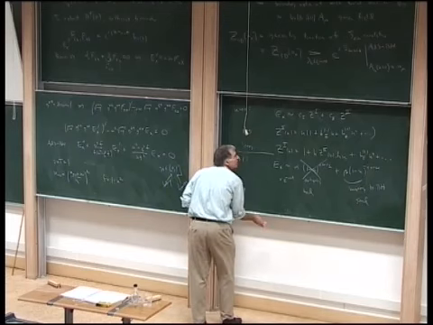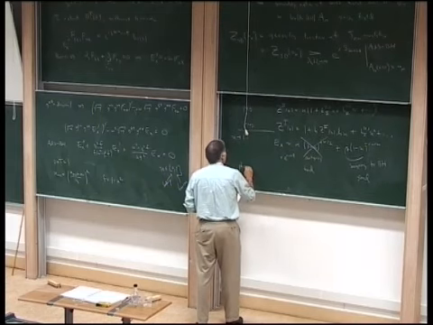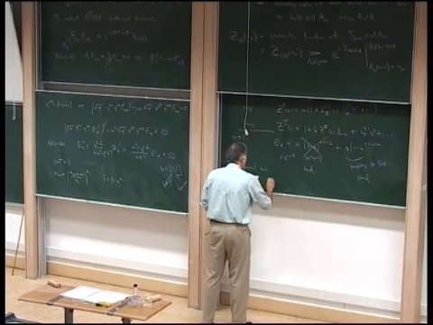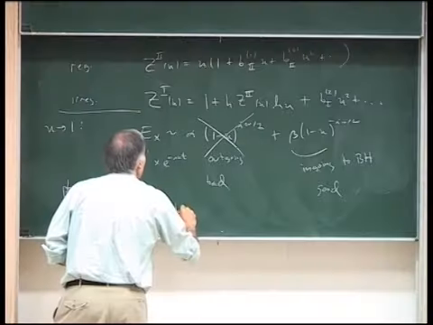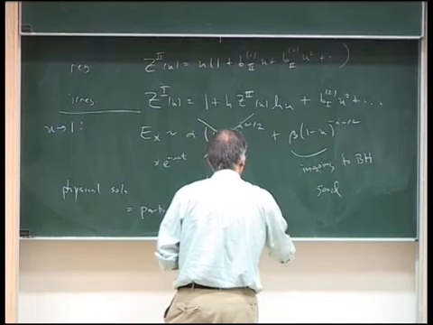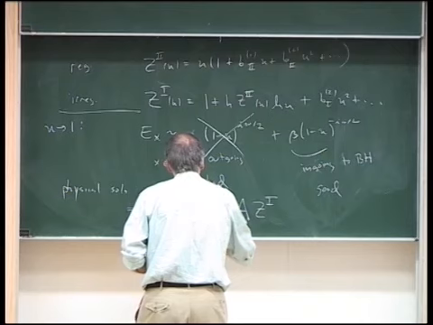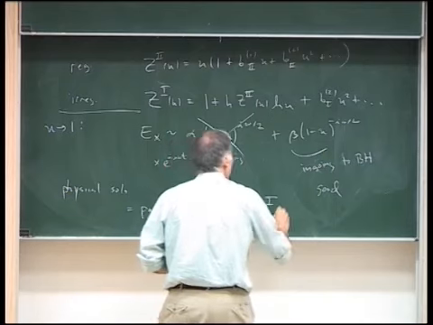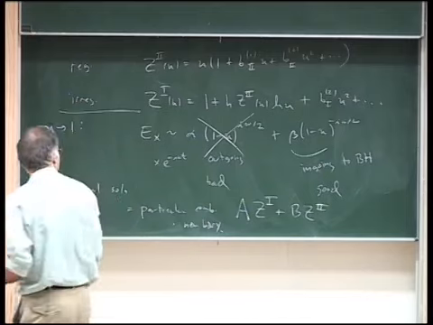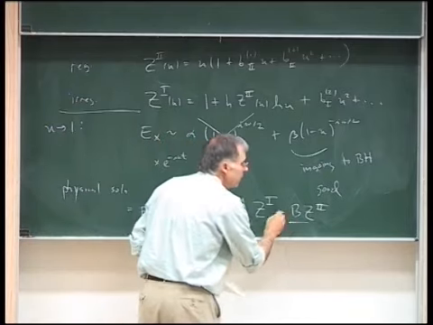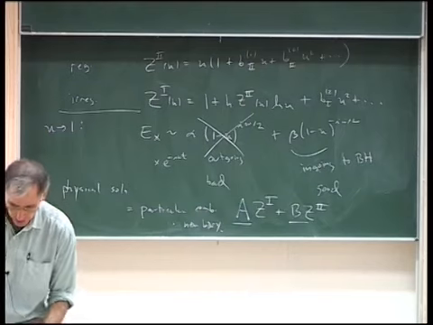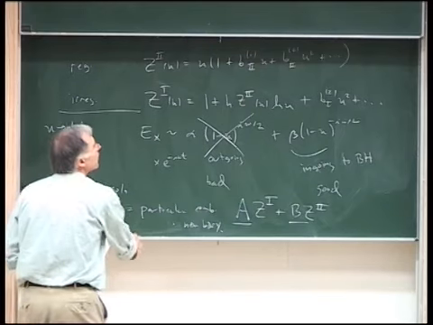So the physical solution we want is going to be a particular combination, which near the boundary I'm going to write as A of Z1 plus B of Z2. All right, so finding the ratio of these coefficients is non-trivial. But that's the important information for us.